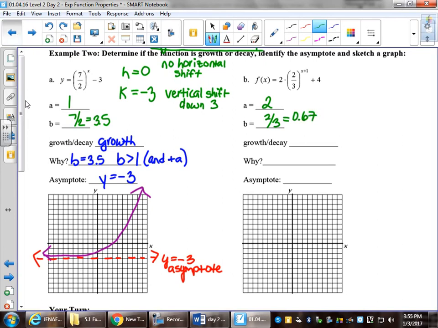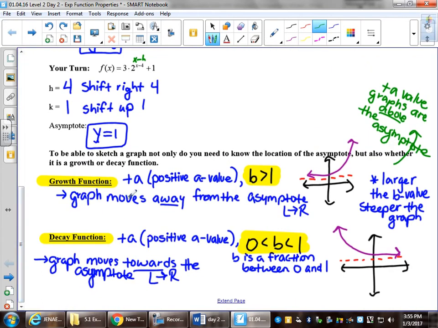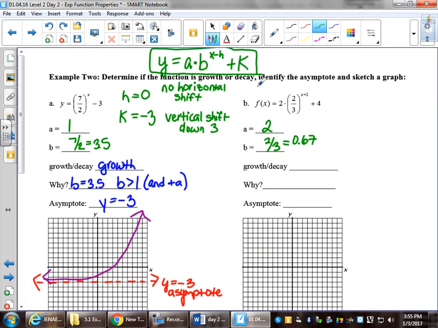So when I go back and I look, B greater than 1 is growth, between 0 and 1 is decay. Well, 0.67 is definitely not bigger than 1, and it is between 0 and 1. So now we have our first decay example. The reason why, B equals 0.67, and that means that we have a value that's between 0 and 1, still keeping track of the fact that we have a positive A value.